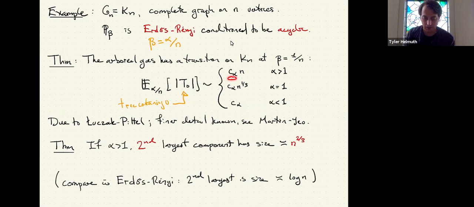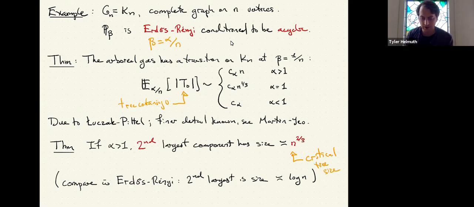But there's a much more dramatic change, which is that if you look when alpha is bigger than 1, if you look at the second largest component, so not the giant tree, but the next biggest one, it has size n^(2/3), which is sort of like the size of the critical tree, or the critical component size.